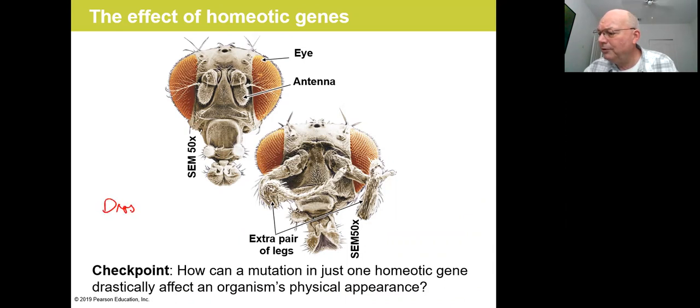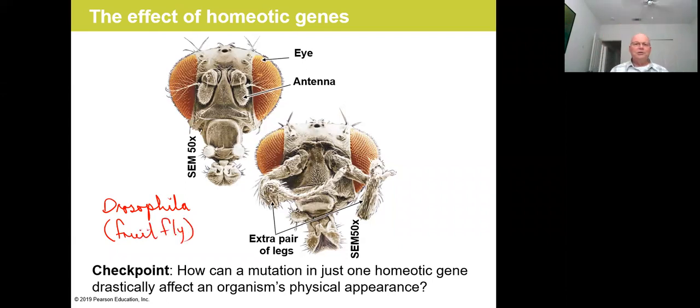So this is Drosophila, fruit fly. You can see that on this fruit fly, it's got a pair of antennae, which is what it should have sitting right there. This fruit fly doesn't have antennae, it's got legs. It's got legs growing where there should be antennae.